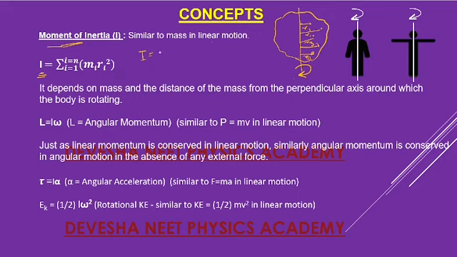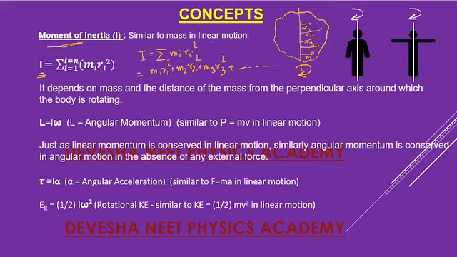So I is equal to summation of m_i r_i square. What does it mean? If we have n number of bodies here, this will be equal to m1 r1 square plus m2 r2 square plus m3 r3 square and so on and so forth. So this becomes the moment of inertia.